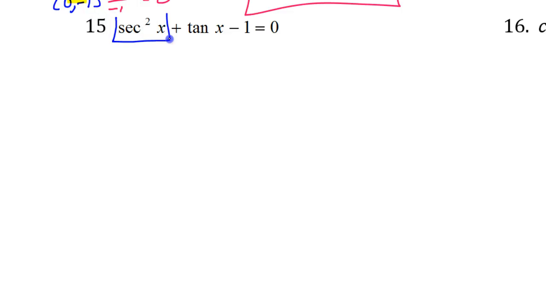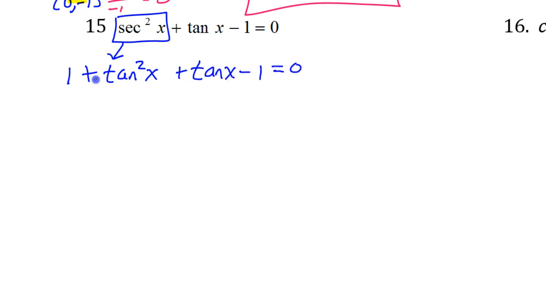Alright, so here is secant squared. I'm going to take that and replace it with 1 plus tangent squared. Then I have the rest of it. So I'm just going to bring down the tangent x and the minus 1 and the equals 0. Looking for like terms, I see the 1 and the negative 1.